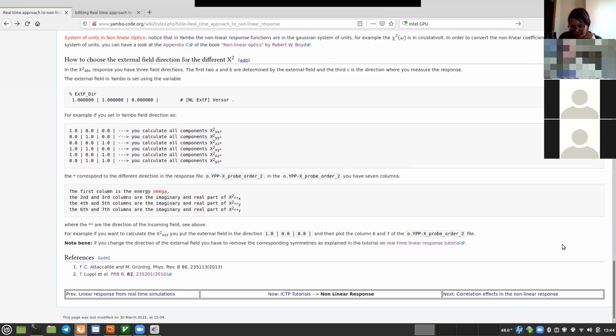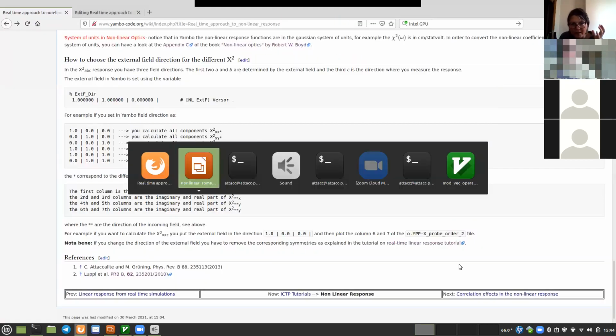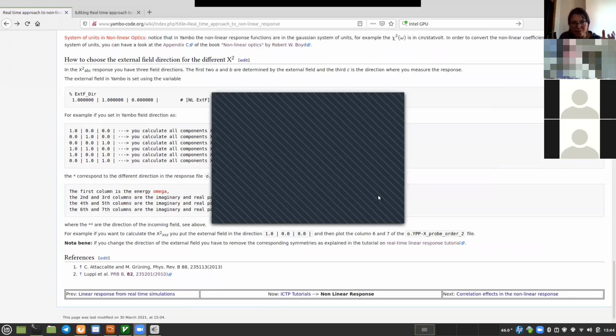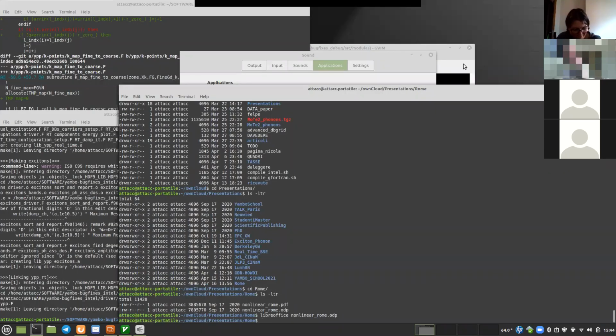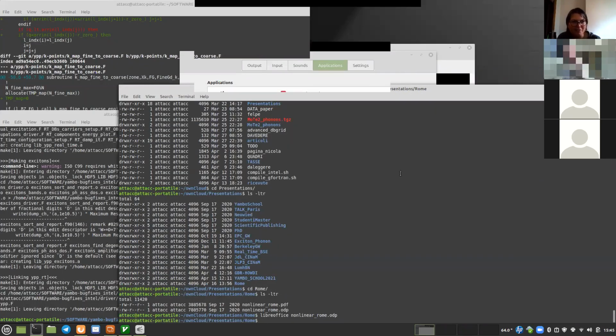Yeah, you can. So an important point with respect to the response-based approaches that we have seen is that here we have a field which is a physical field. In what we have seen yesterday with Bethe-Salpeter, or also on the first day, we had some perturbation, a mathematical perturbation used to get the response.